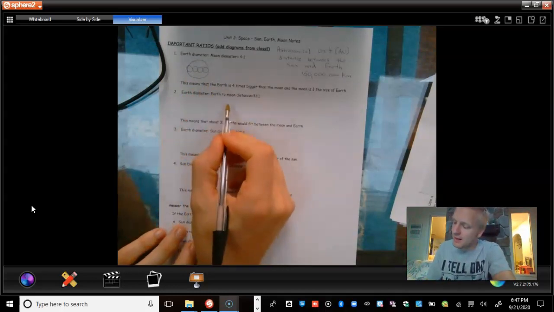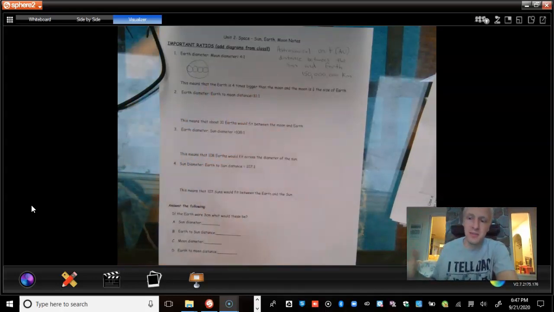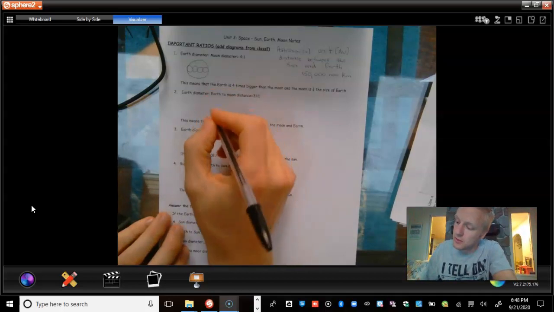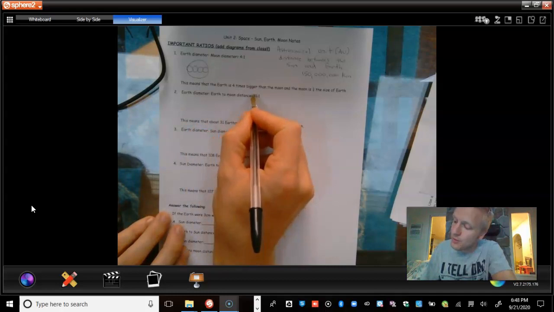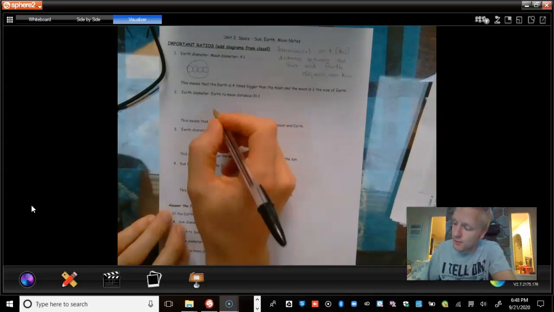Now we want to look at the moon distance from the Earth. A lot of times you think that it's right next door, really close. But if you were to take further than a bird's eye view, more like a Martian view or a space eye view, you would see that, wow, the moon is actually kind of far from the Earth. So looking at it, Earth to moon distance, 31 diameters or sizes of the Earth is how far the moon is from the Earth.